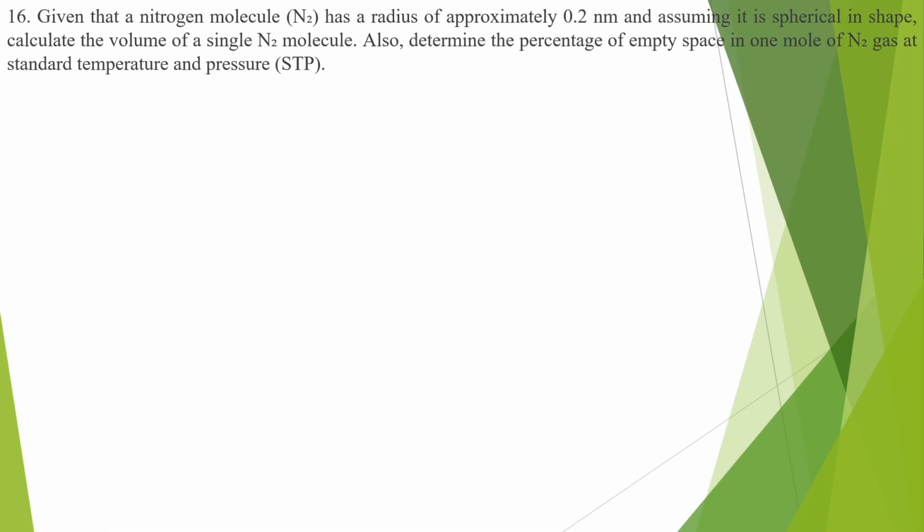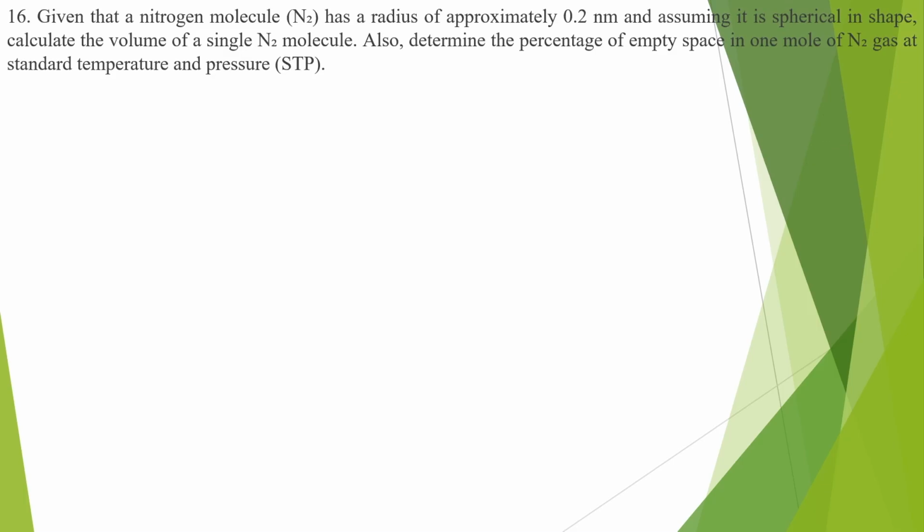Next, we discuss problem number 16. It says, given that a nitrogen molecule has a radius of approximately 0.2 nanometer and assuming it is spherical in shape, calculate the volume of a single N2 molecule. Also determine the percentage of empty space in 1 mole of nitrogen gas at standard temperature and pressure or STP.